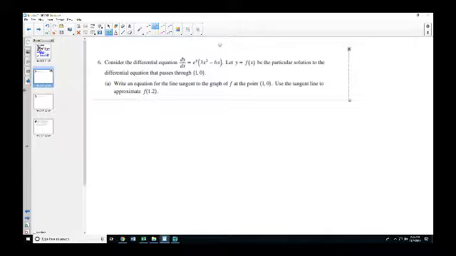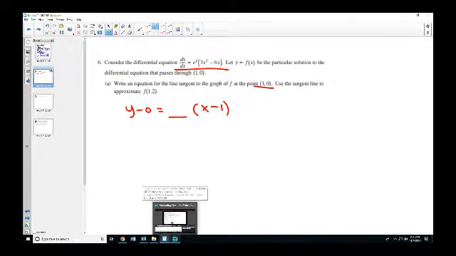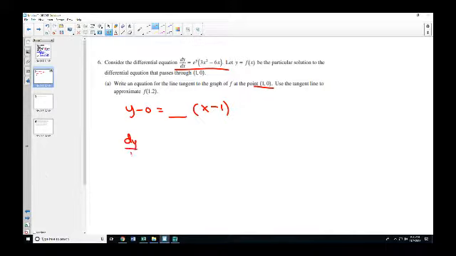So we already have the derivative, correct? And we already have the point, so I can already write part of my equation with (1, 0). How do I grab the slope? Evaluate the derivative at (1, 0).